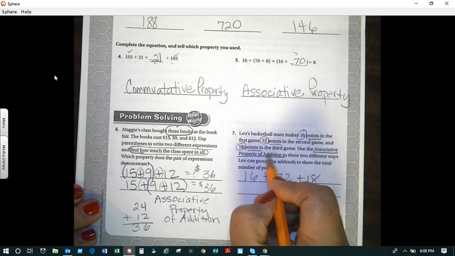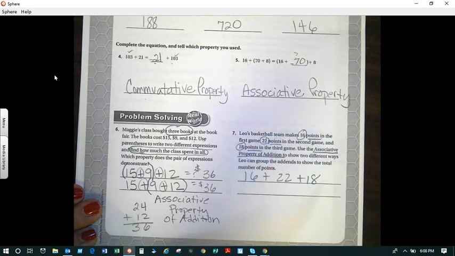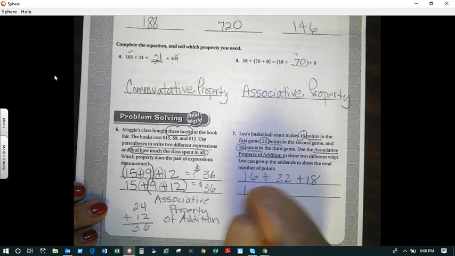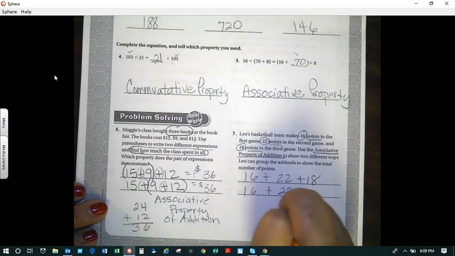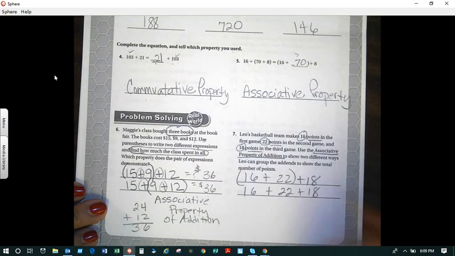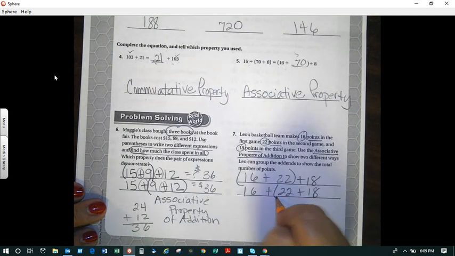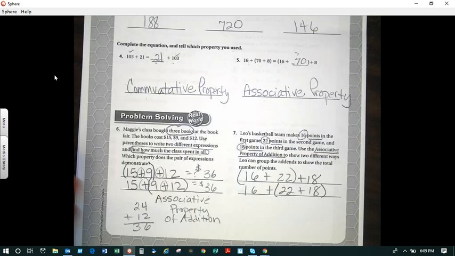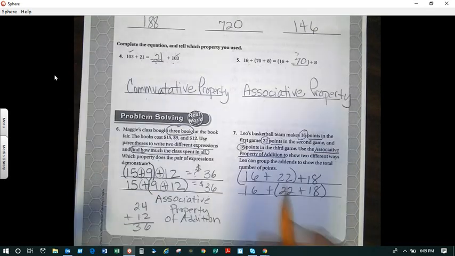It already said the associative property of addition, and so I'm going to rewrite it here, and we already know that the associative property means that the parentheses move, so I'm going to put my first parentheses on the first group, then I'm going to move my parentheses to the second group. And if we add them all up, what do we end up getting? Well, 16 plus 22.